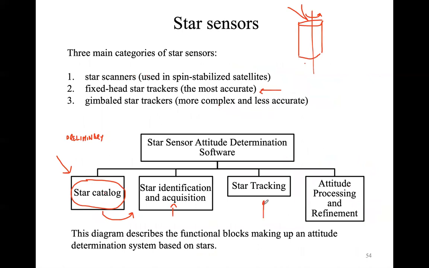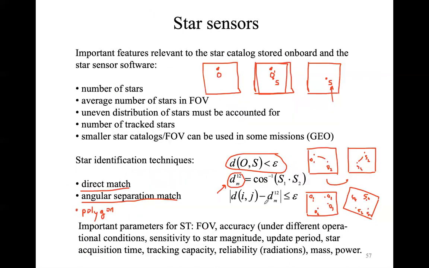So once you know that you are looking at the right portion of the sky, so you have done the match between the stars that are coming from the star catalog and the stars that you are looking at from the sensor, now you are able to start your tracking of the stars.